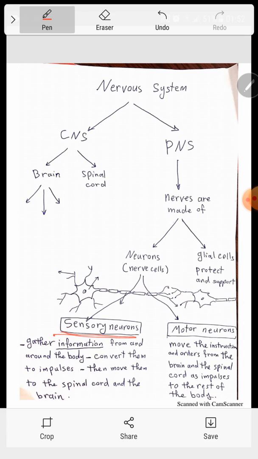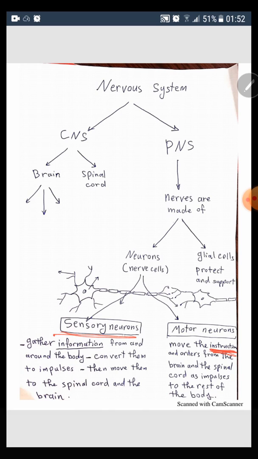The other type of neurons are the motor neurons. These motor neurons move the instructions and the orders from the brain and the spinal cord as impulses.